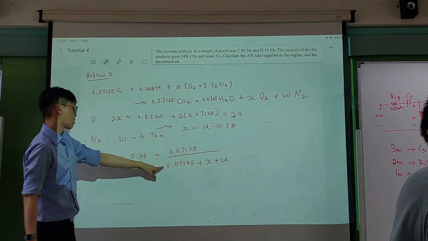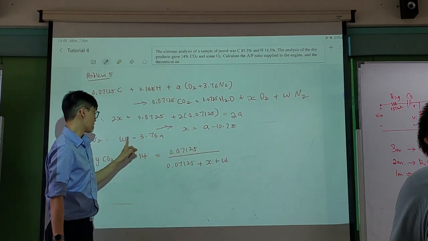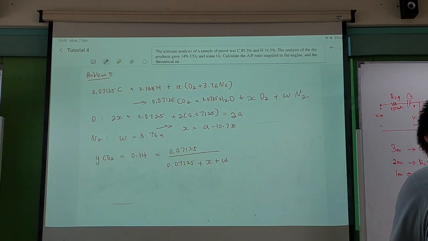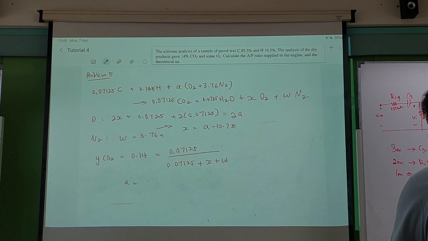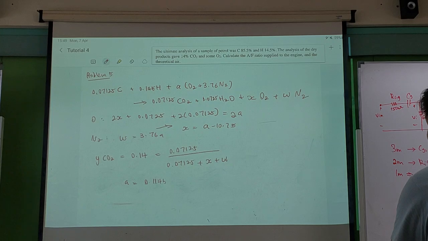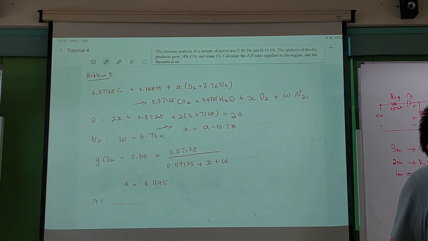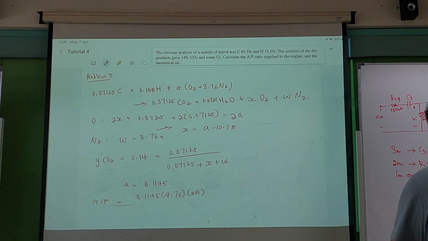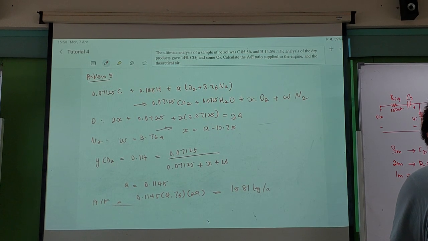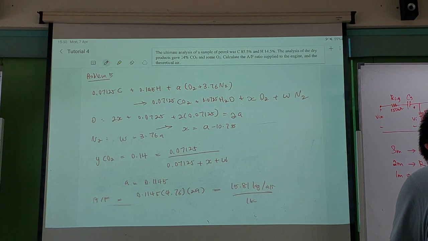So here you just sub this in here, you sub this in here, you will be able to get the A value. The A value here would be 0.1145. Then the air fuel ratio is simply 0.1145, then as usual 4.76, 29, this should give you 15.81 kilogram of air over 1 kilogram of fuel.